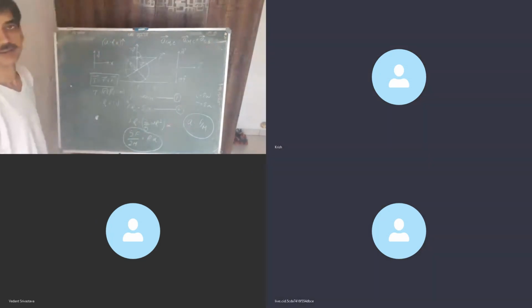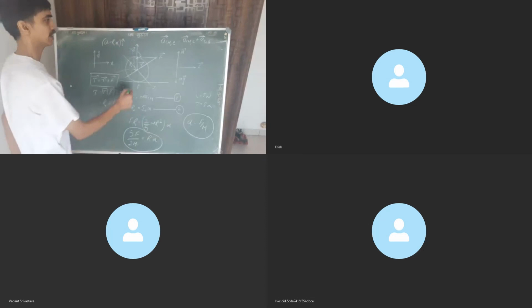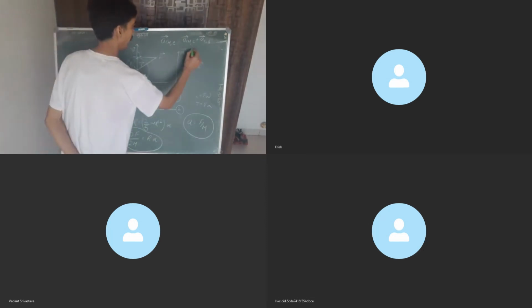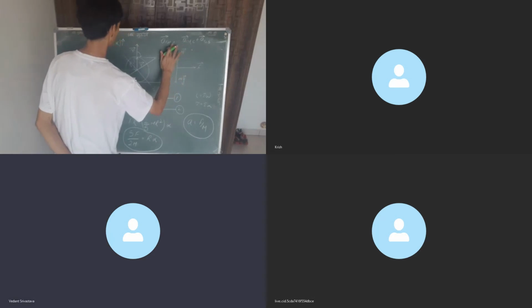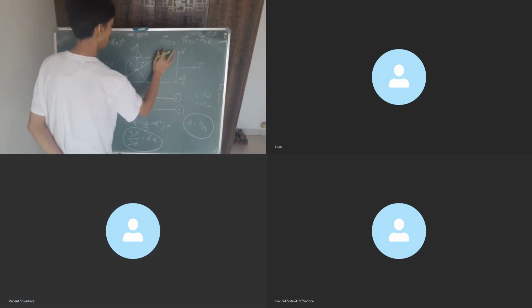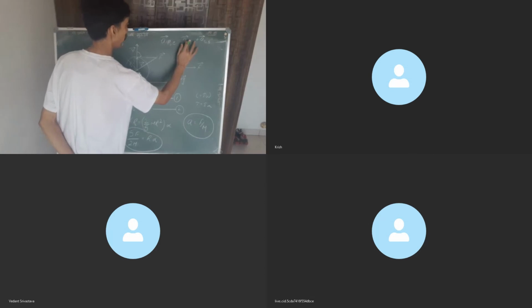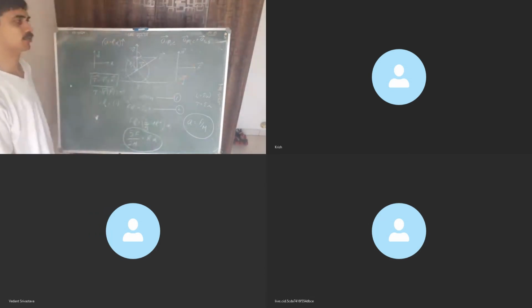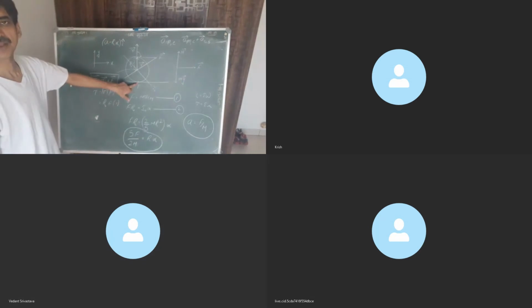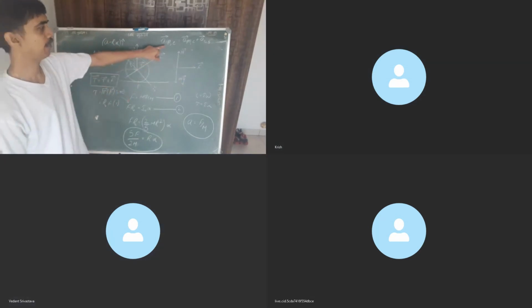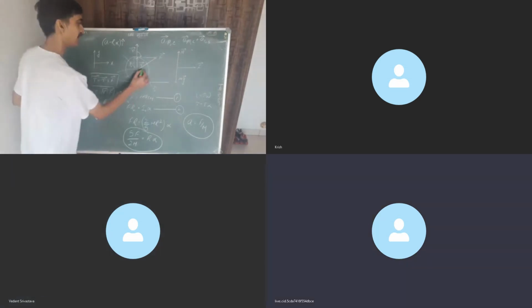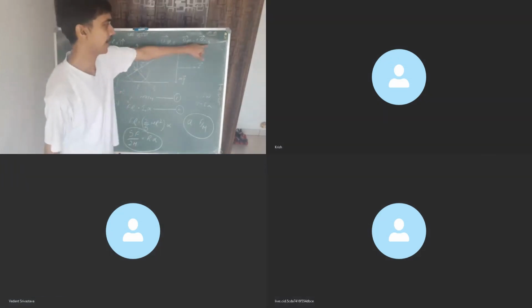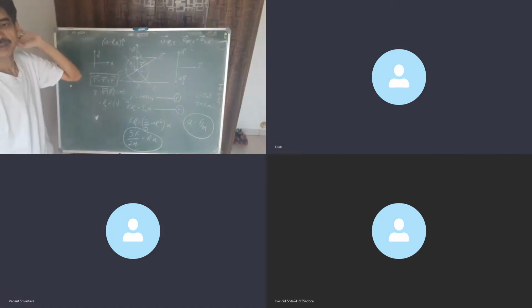And center of mass with respect to center will be the acceleration of point P. We are calculating for point P. Acceleration of point P with respect to Earth will be acceleration of point P with respect to this center, and acceleration of center with respect to Earth. Correct?